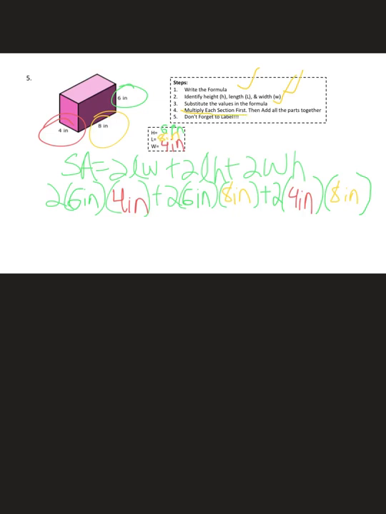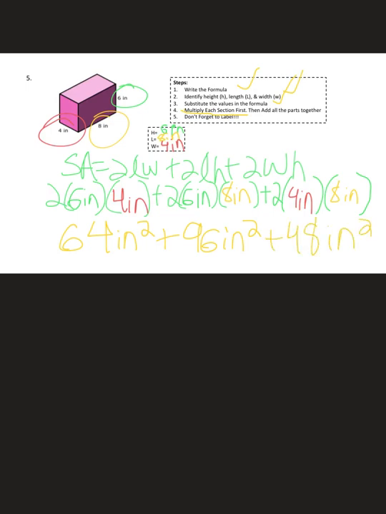So what's 2 times 6 times 4? That's going to give us 48 inches squared. Plus, what's 2 times 6 times 8 inches? That gives us 96 inches squared. And the next part is what's 2 times 4 times 8, which will give us 64 inches squared.